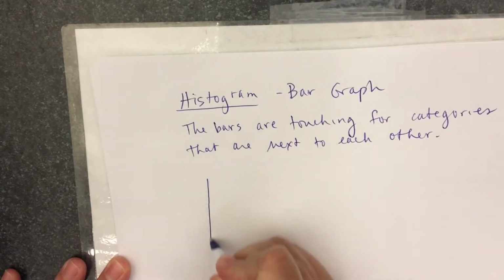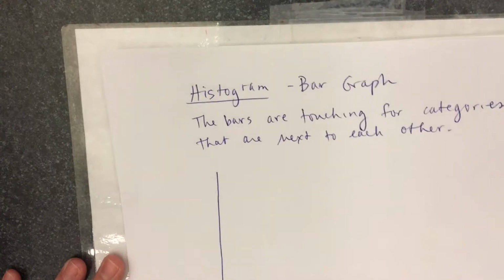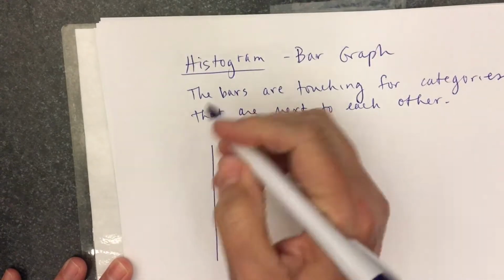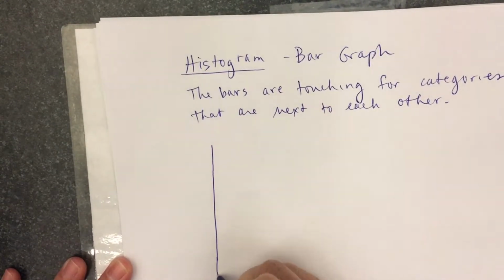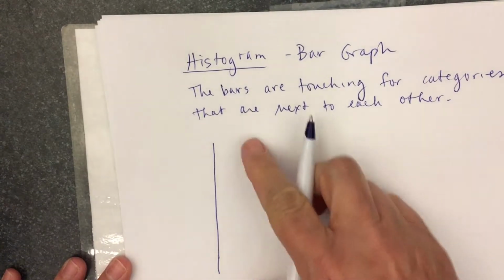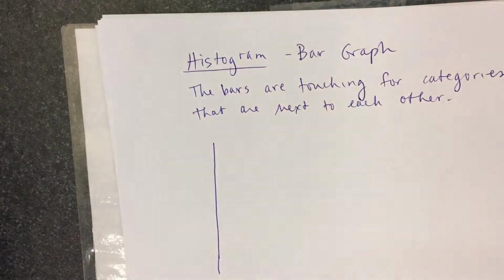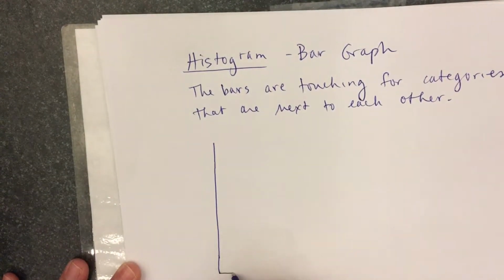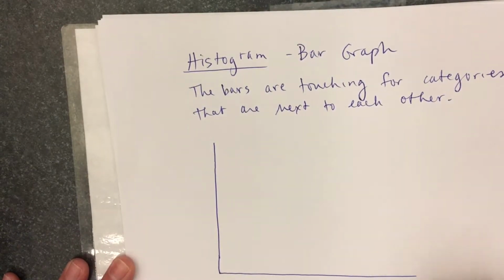There'll be a vertical line. This is the frequencies. Let me peek at the data. The highest one is 45, so that kind of tells me, yeah, maybe how I want to mark this off. The horizontal line is for the bars, for the categories.